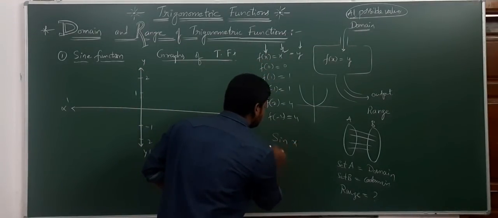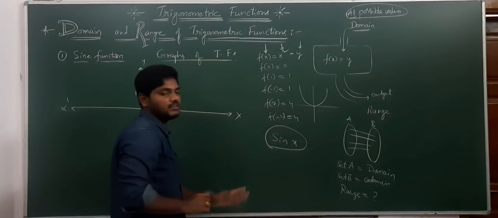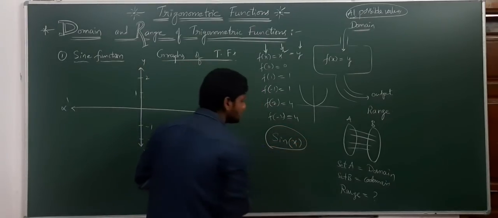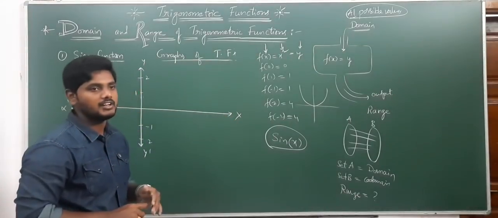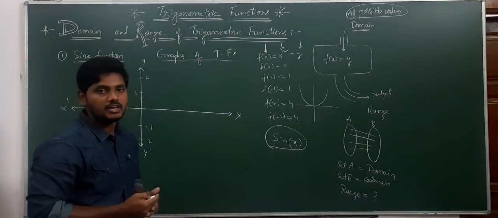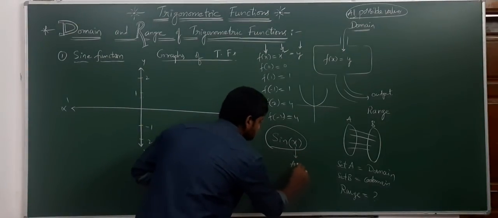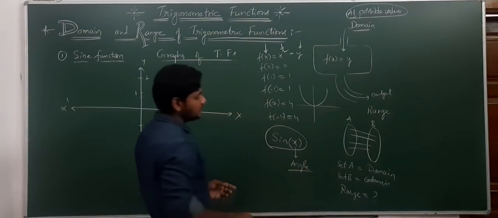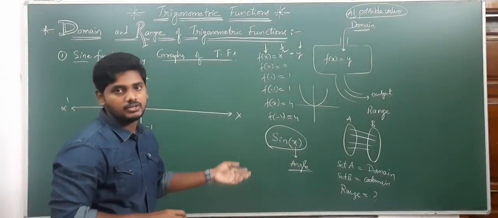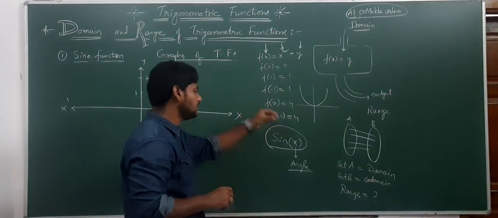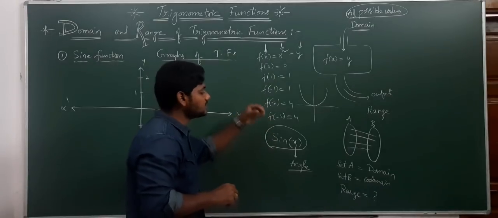Now for the function sin x, nothing but the sine function, x means domain value. But what will we put as domain value? Angles we will put. That may be sin 30, sin 90, sin 180, sin 360, sin 720. Like that, angles we will put. Nothing but domain values are angles.